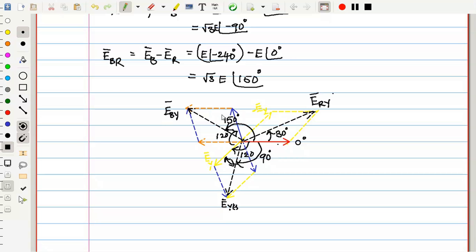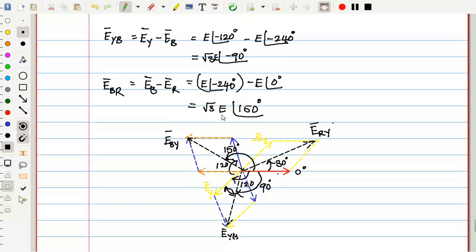Then try to find ERY, EYB, EBR on your own through the phasor diagram. Based on this, you can understand many conclusions from this phasor diagram if you have a clear idea on this phasor diagram.